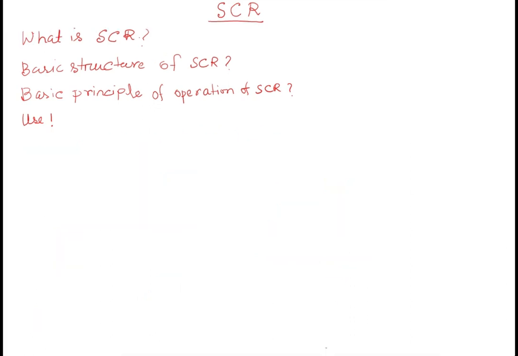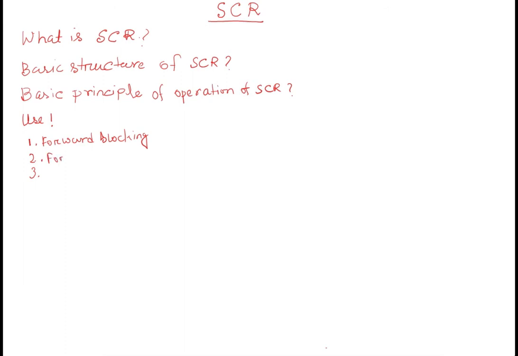Now we will discuss the principle of operation of SCR. So SCR mainly operates in 3 regions. First is forward blocking.